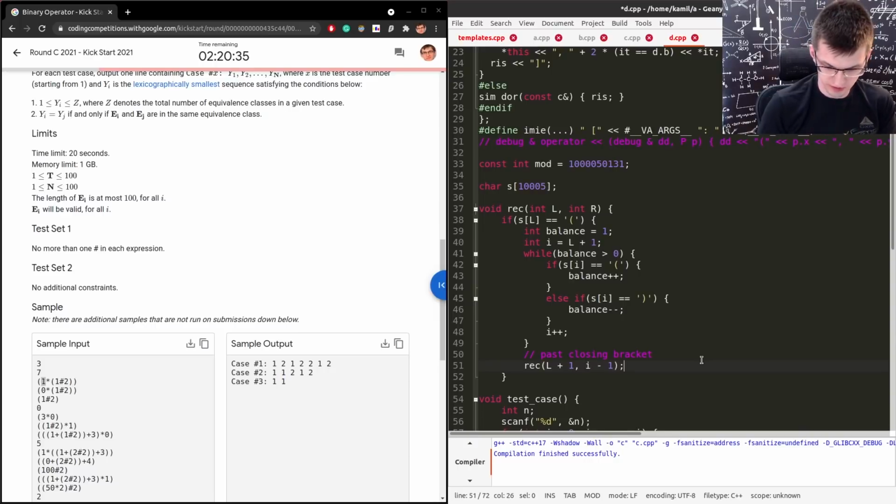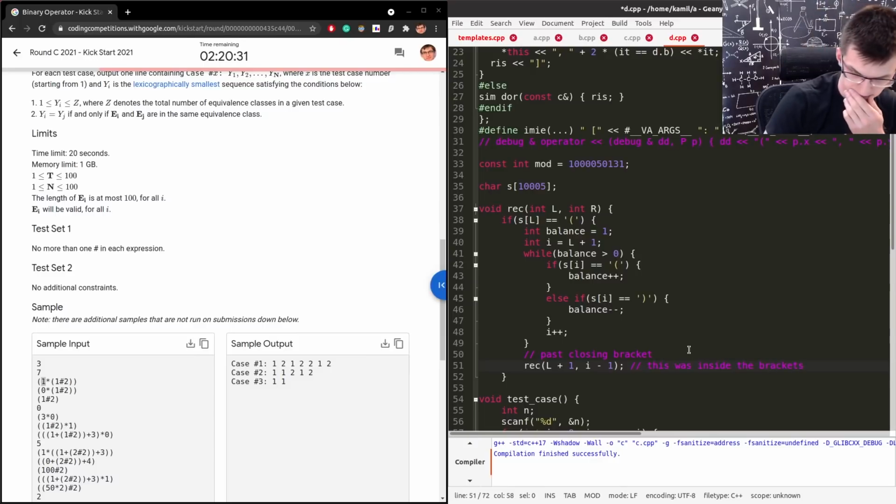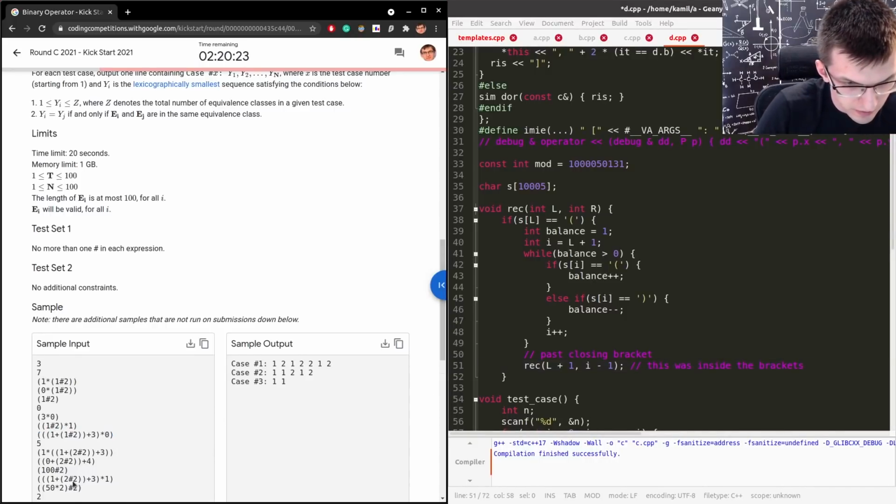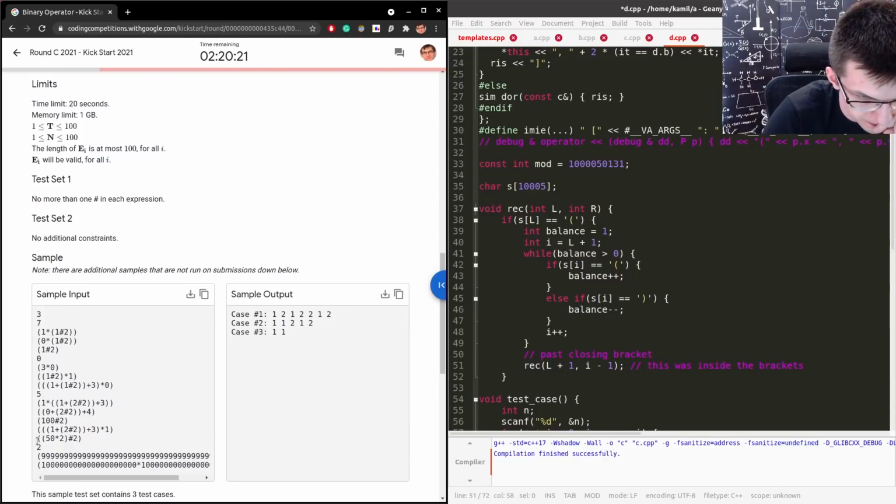This was inside the brackets. Let's see, if I get this, no, that's a bad example. If I get this, this is inside brackets, now I would get down to that thing. Do I want that?